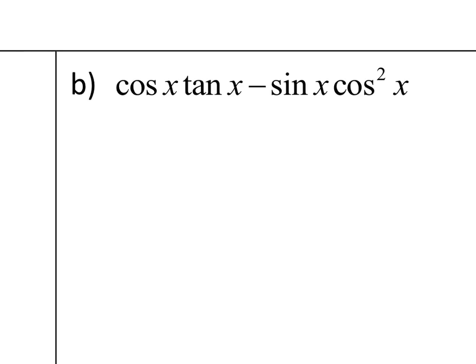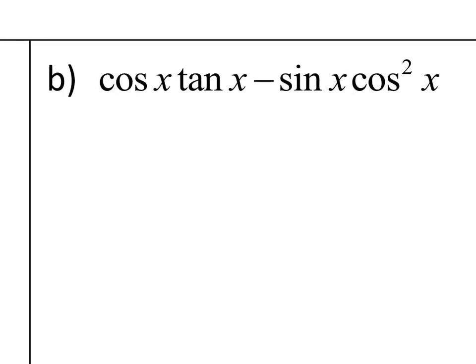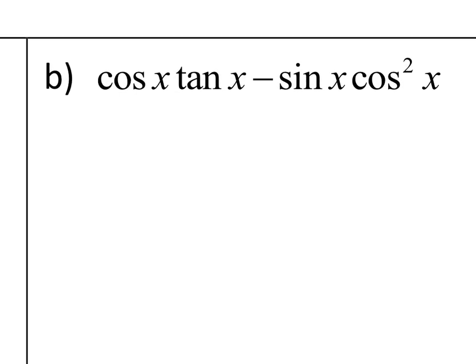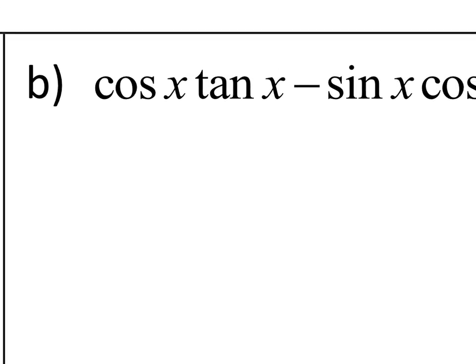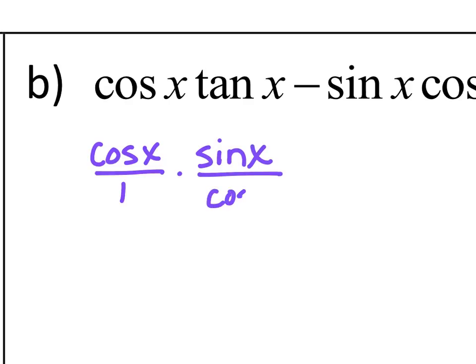So the way I'm going to start this problem, rather than immediately taking out the GCF that is cosine, I'm going to try to cancel some things, and so I'm going to change that tangent to sine over cos. So I'm going to rewrite this first term as cosine of x over 1 times sine of x over cosine of x.